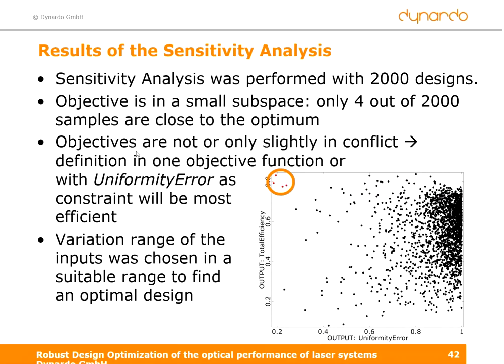But as they are not or only slightly in conflict, we might define the uniformity error as a constraint. The third fact you can see from this diagram is that our variation range of the inputs was chosen in a suitable range to find an optimal design, because we are able to find an optimal solution, even if there is further optimization potential, but at least we have some designs close to the optimum.